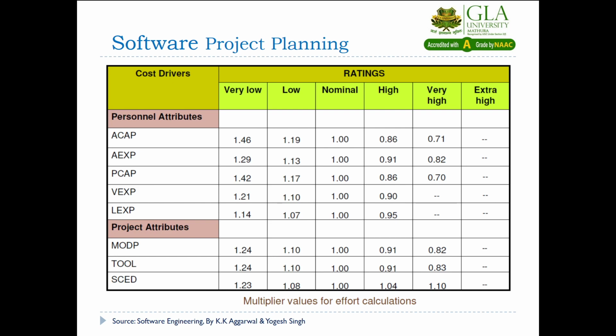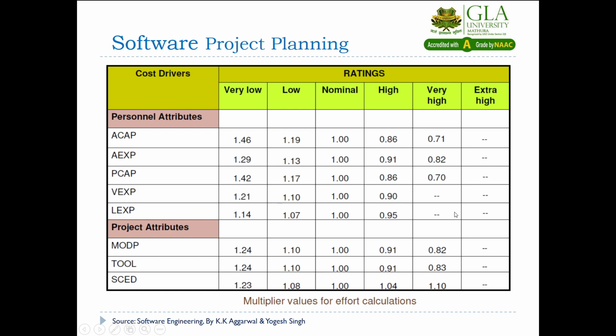There are 5 personnel attributes, and these have different values according to very low, low, nominal, high, very high, and there is nothing for extra high. Like this, we talk about the language experience. What kind of language experience do the personnel have who are going to be involved in the development of the software? That may be very low 1.14, low 1.07, nominal 1.00, and high 0.95.